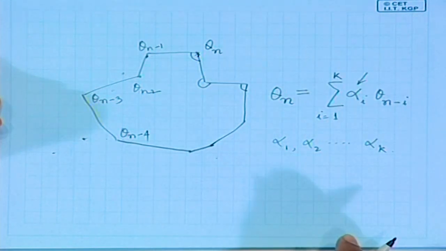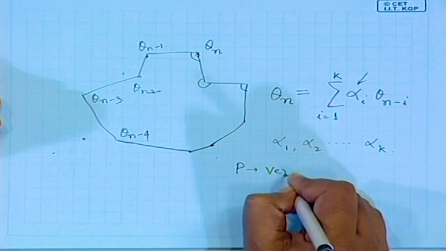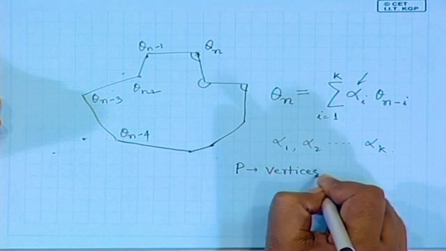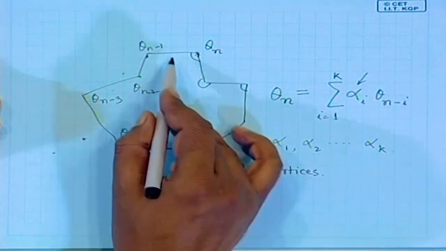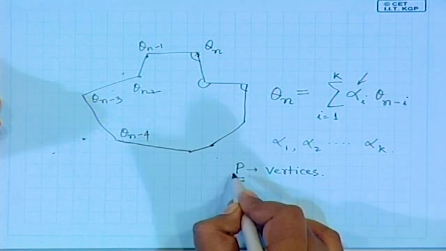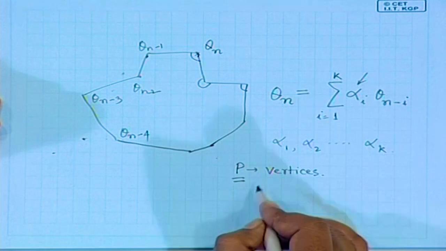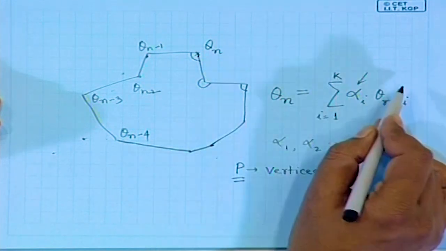And if this polygon contains, say, p number of vertices, then for each vertex I will have one such equation. So, I will have p number of linear equations like this. Now the problem becomes that I have to find a solution of those p simultaneous linear equations.